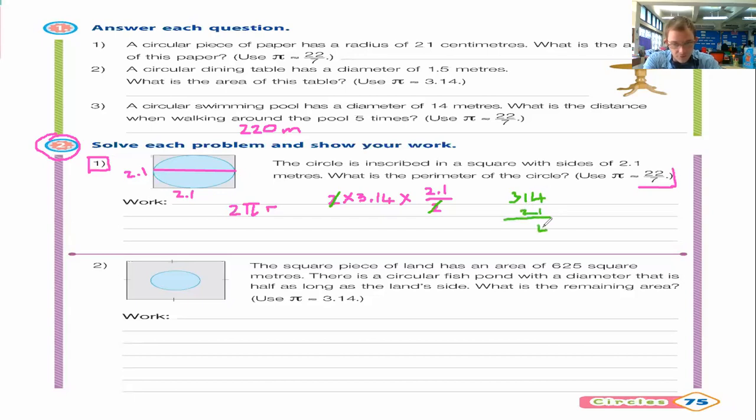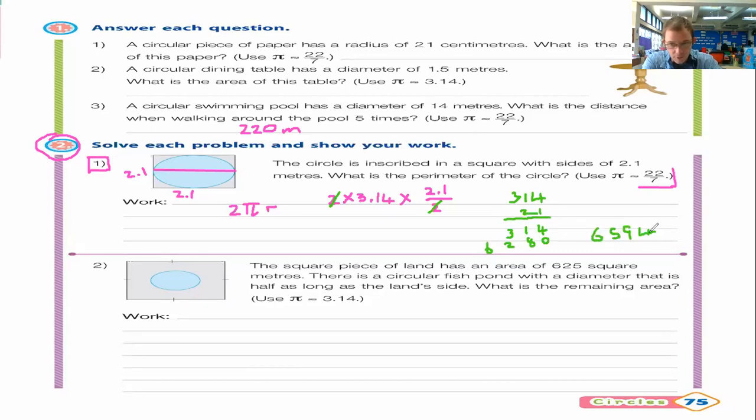1 times 4 equals 4. 1, 3. Put a 0. 8, 2, 6. Calculate that together. It's going to be 4, 1, 5. Oh, what am I doing? 4, 8, 4, 9, 5, 6.